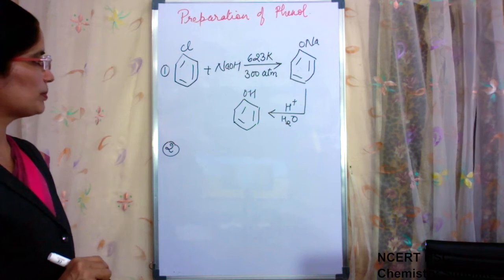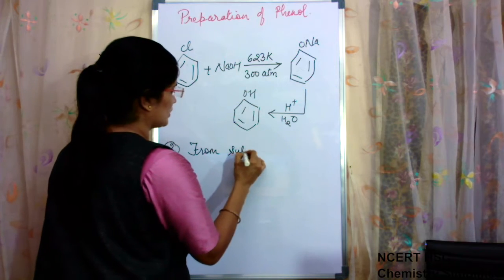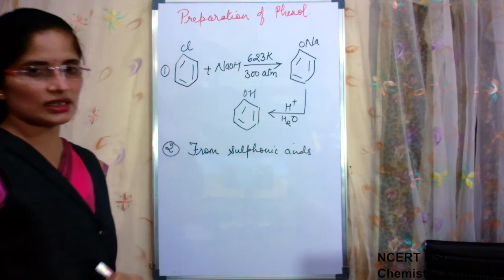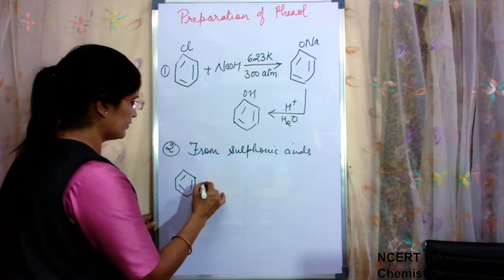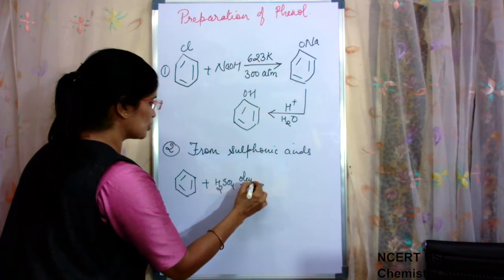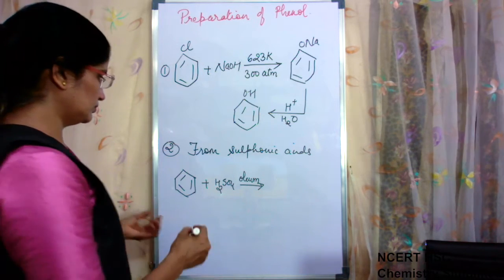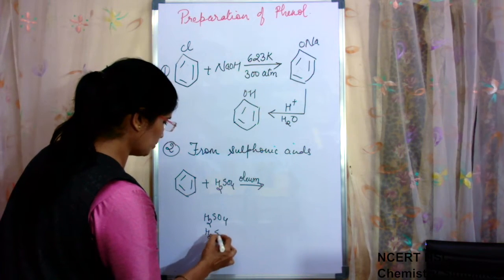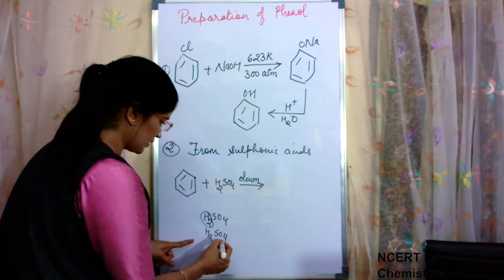The second method of preparation of phenol is from benzene sulfonic acids. We know that when benzene is treated with sulfuric acid in presence of oleum, oleum is H2SO4 plus one more molecule of H2SO4 when dehydrated, H2 and O taken away.